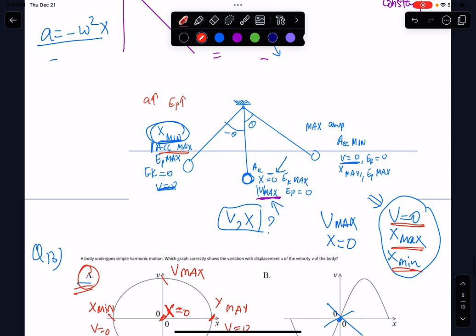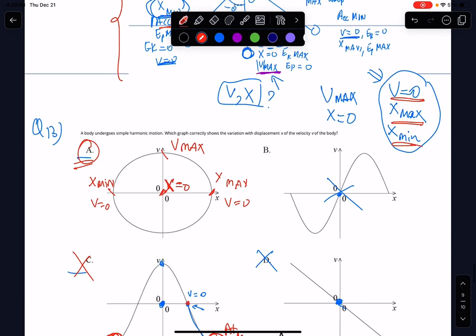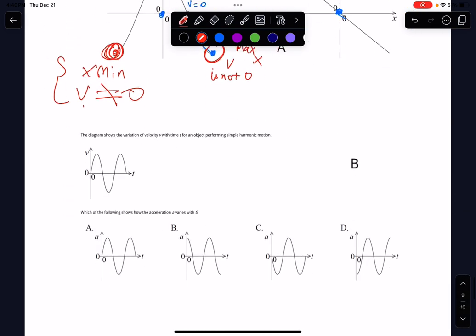So we looked at the conditions in the simple harmonic motion and in the pendulum, and based on those conditions, we got answer A. Okay. So for these types of questions, always look at the simple pendulum and use the process of elimination.